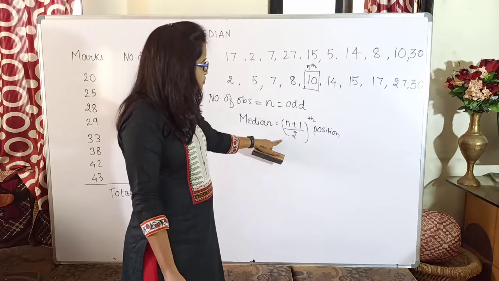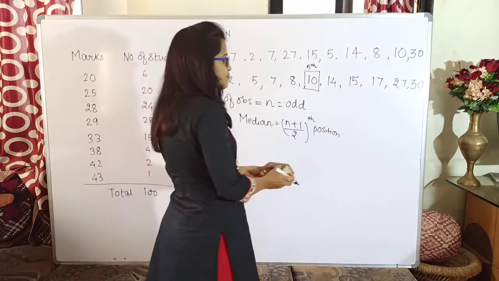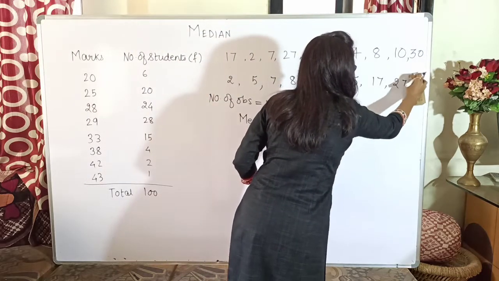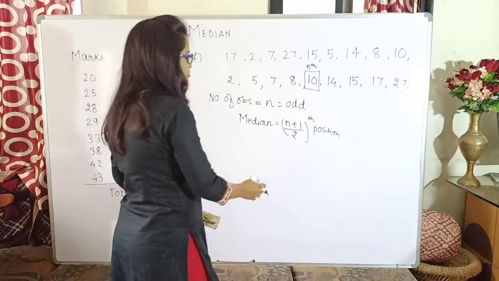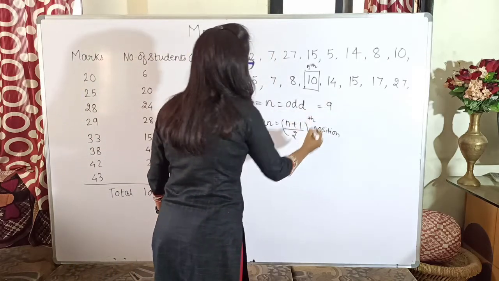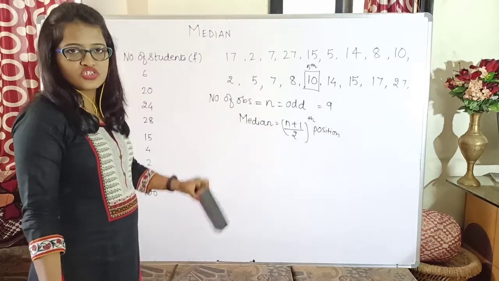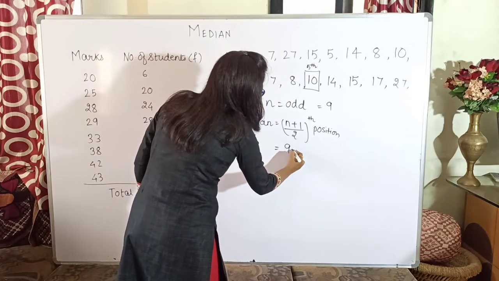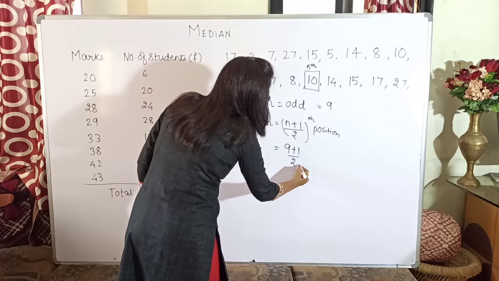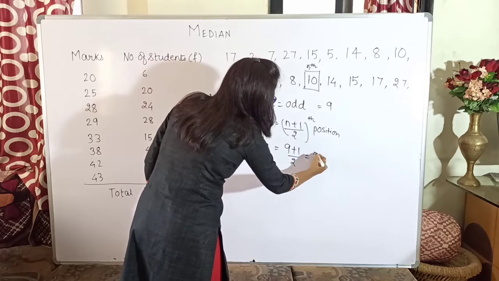Meaning, suppose we take the same example, I will meanwhile just consider the odd values. So now my number of observations are odd, which are nothing but 9. So we have already seen the fifth position value gives me the median. So just replace here 9 plus 1 divided by 2, which will give me 10 by 2, that is 5.